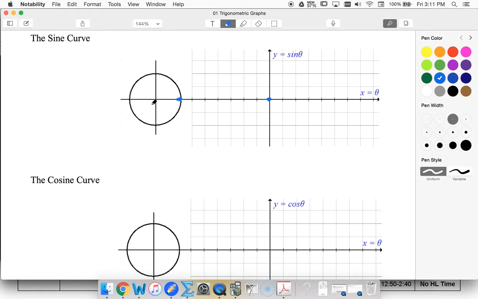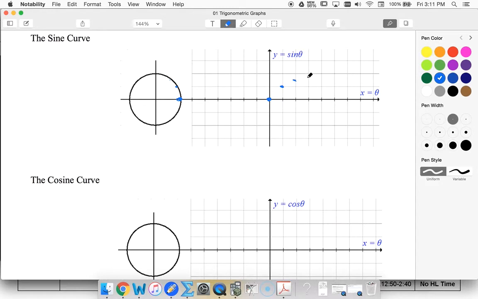And then when we hit our first angle of 30 degrees, or if we call that pi over 6, then we're at a y value of a half. If I go to 45 degrees, that would be halfway here, or that's pi over 4 radians. I get a value of root 2 over 2, so that traces out to be about here.